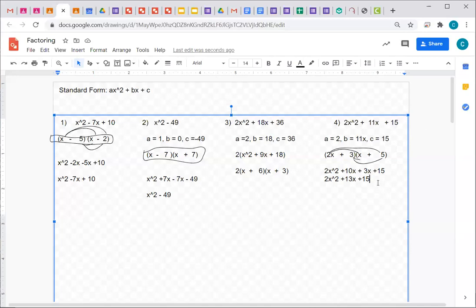Well, remember, this constant on the outside is going to be multiplied by 2, right? That's how we get 10, the outside term. So I have to think, I'm going to have to multiply 2 by one of these two numbers, 3 or 5, right? And I'm assuming 3 and 5 is correct. Okay, so this is wrong.